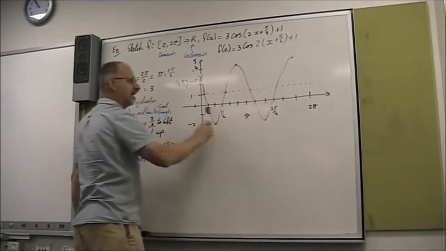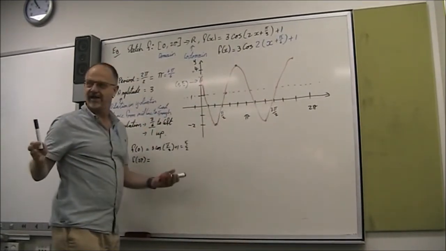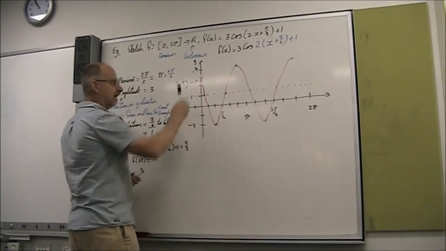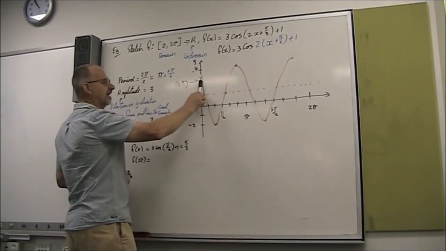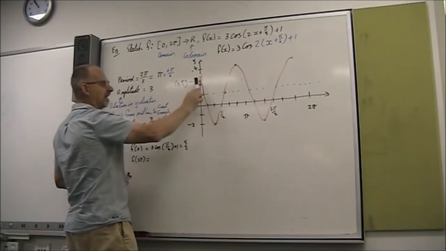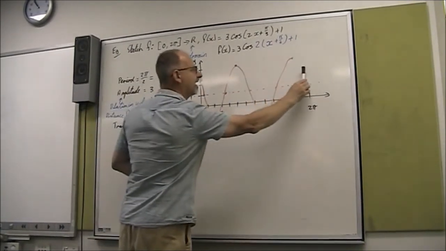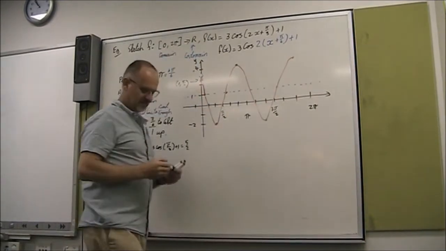or from here to here. A period is anywhere on a corresponding spot. So there to there is a period. All right, and because we've started here, and pi later, there we are, another pi later, there we are again.